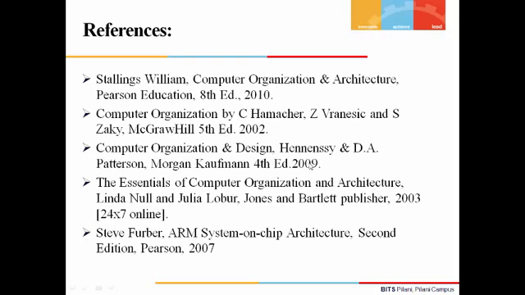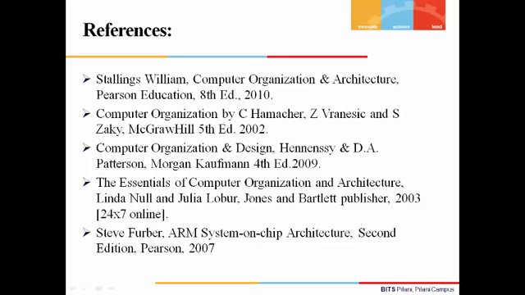These are some of the textbooks and reference books. If you want, you can buy them; they will definitely help you out, and maybe for some courses you may already have these books. The important books are Stallings and William, Computer Organization and Architecture, then Hamacher, Vranesic and Zaky, Computer Organization, and Computer Organization and Design by Hennessy and Patterson, which is a very important book.